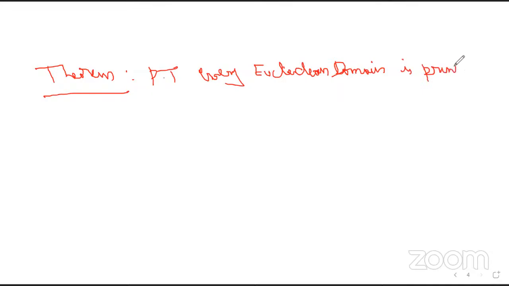Prove that every Euclidean domain is a principal ideal domain.